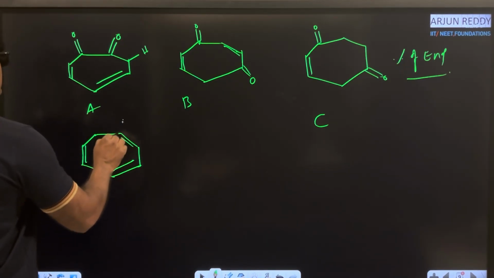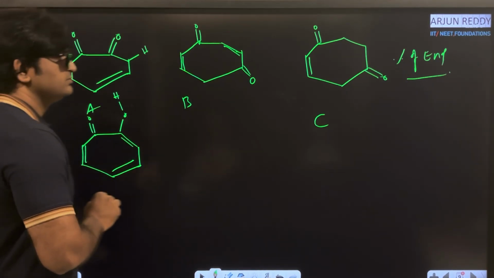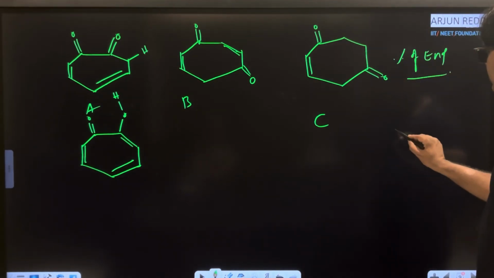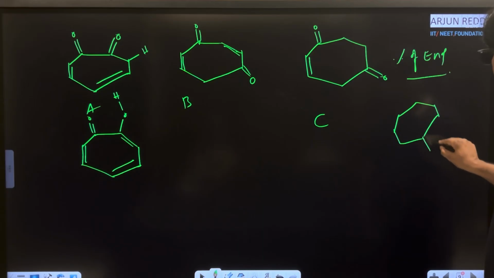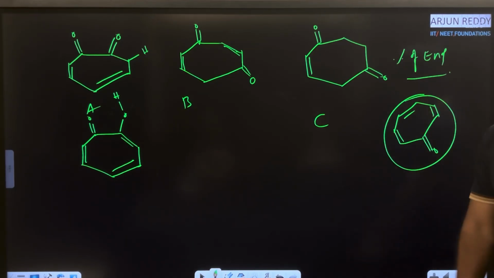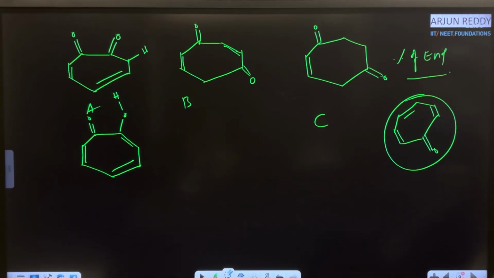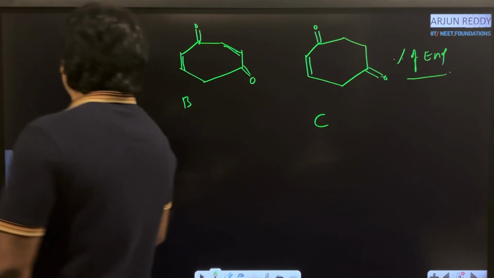After writing the enol form, yes, there is an OH and C double bond O. From aromaticity, we know that whenever this type of compound is given, this molecule comes under quasi-aromatic compound. That we will discuss in aromaticity. This type of compound is a quasi-aromatic compound.